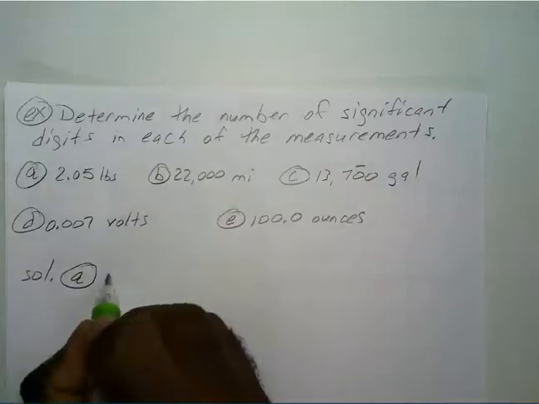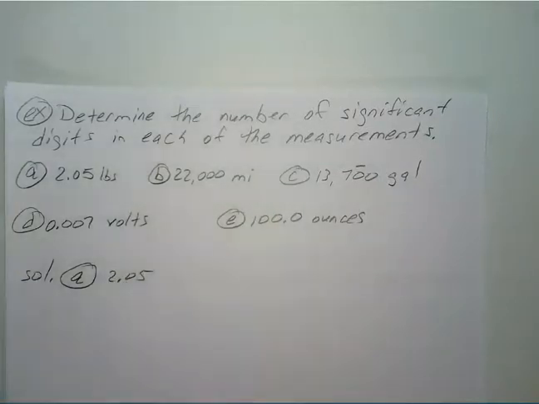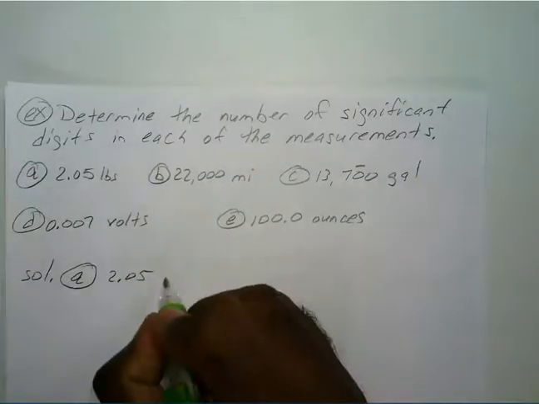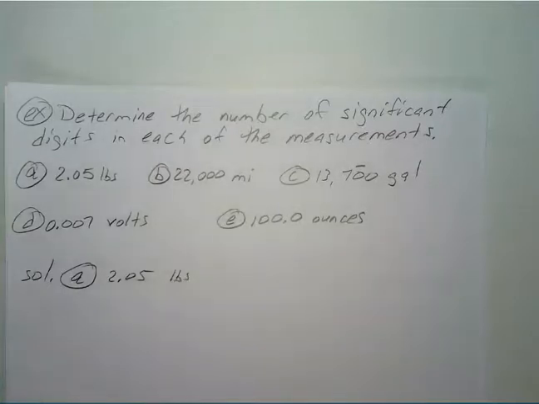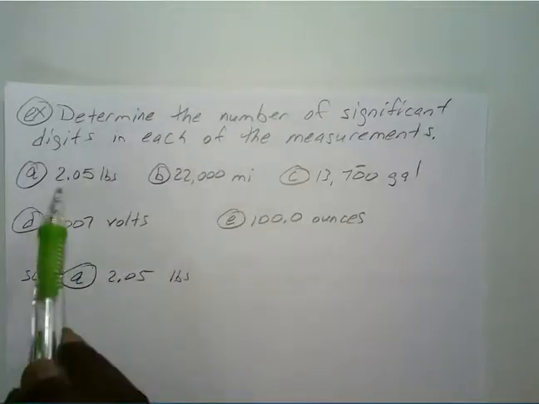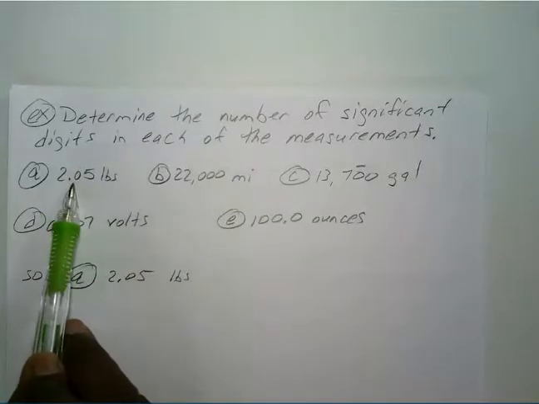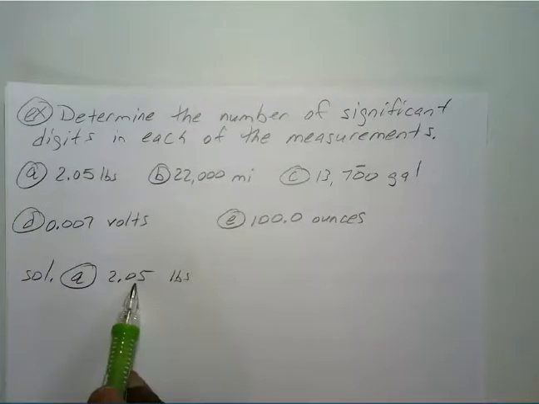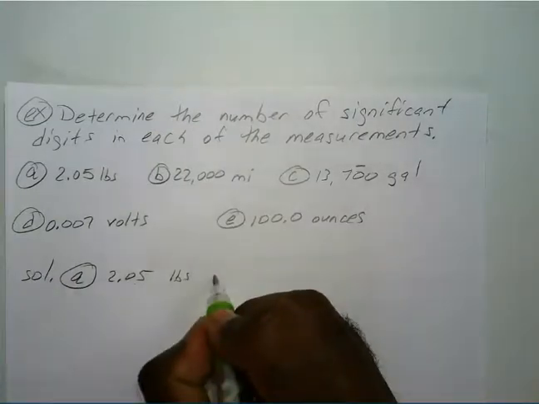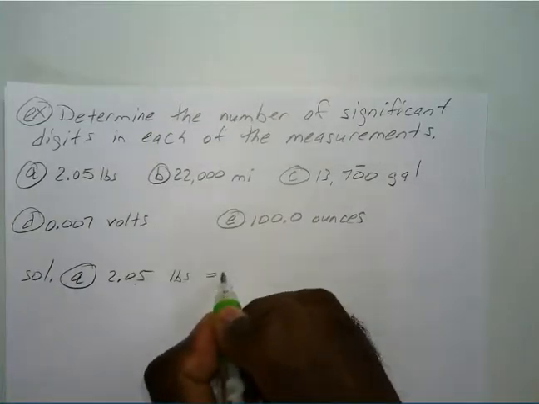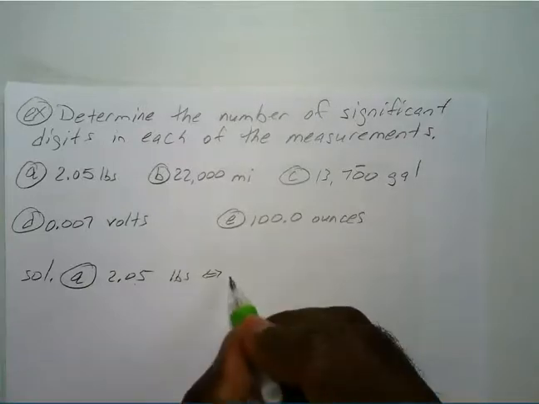Okay, you have 2.05 pounds. Okay, what we see here, you have your non-zero, 2 and 5, so those 2 are significant. And you have the 0 in between 2 significant digits, which makes that significant. Okay, so this has 3 significant digits.